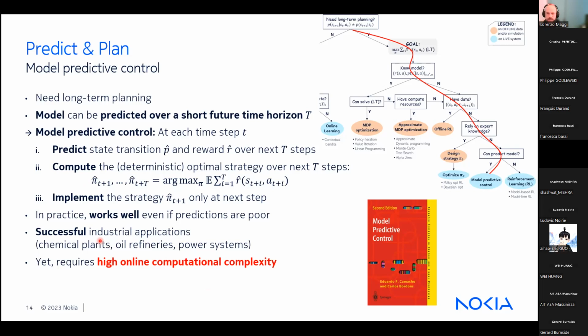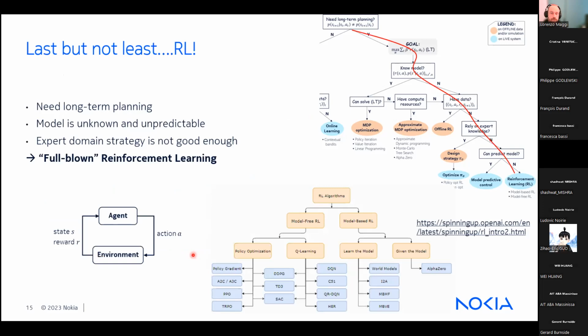The problem, basically the expert point, is usually computational complexity, because at each time, and depending on the time scale of the system it can be quite frequent, you have to recompute a problem which is generally hard, that you can compute at the optimum, but still is hard. But who knows? With the advent of GPUs, probably this will become more of a thing.